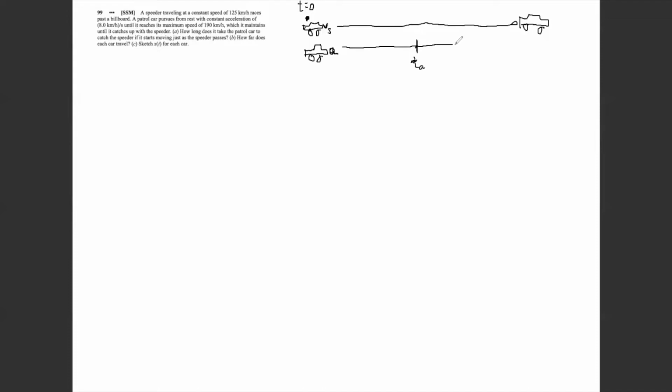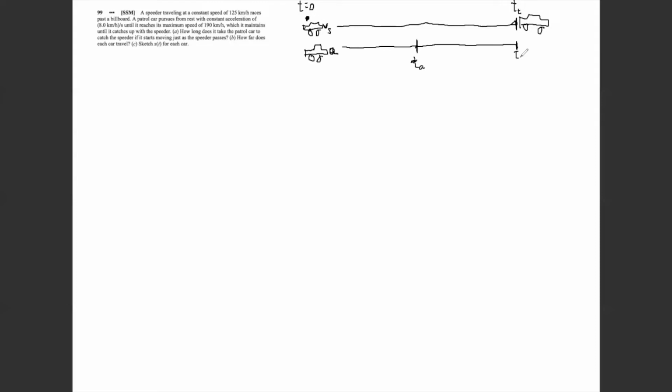And then it moves on at a constant speed until it gets to the same position as the speeder. So we could call this time just t, or t total, TT.